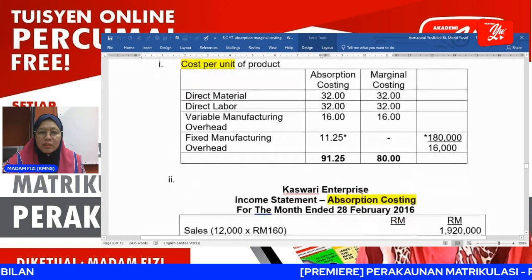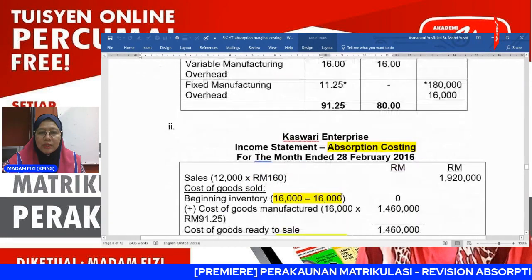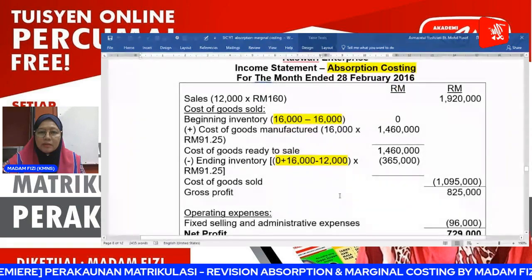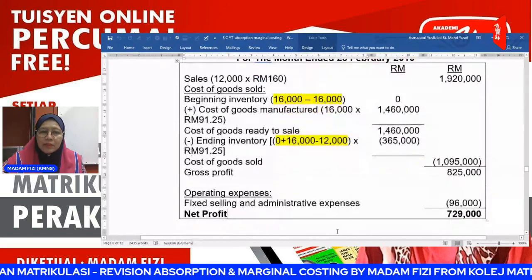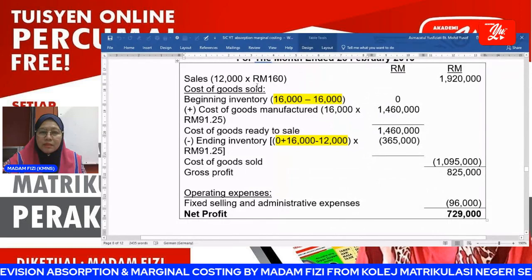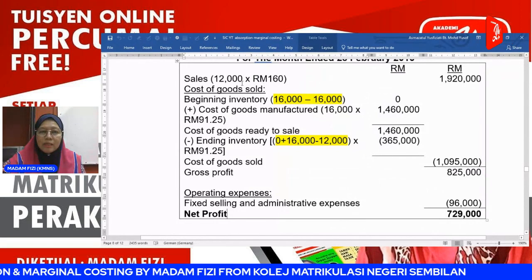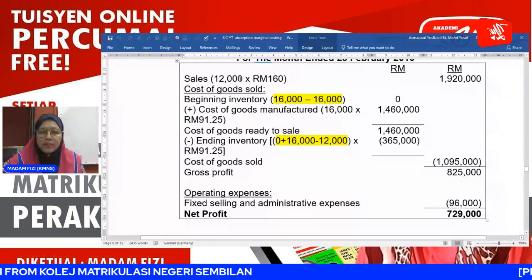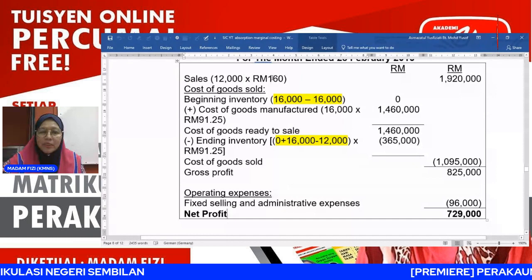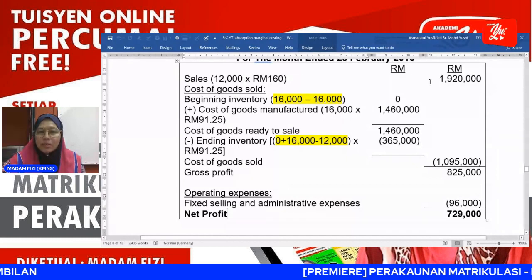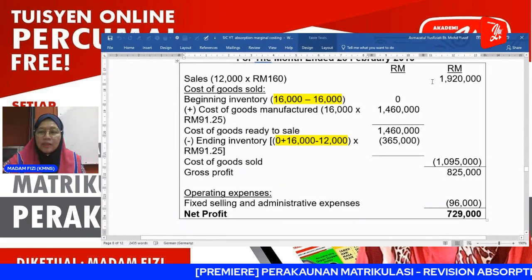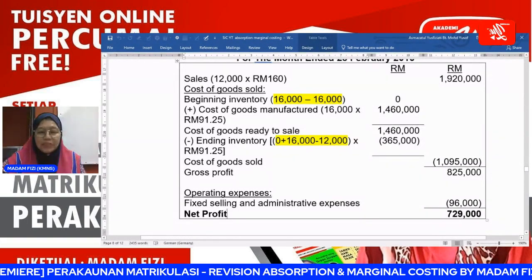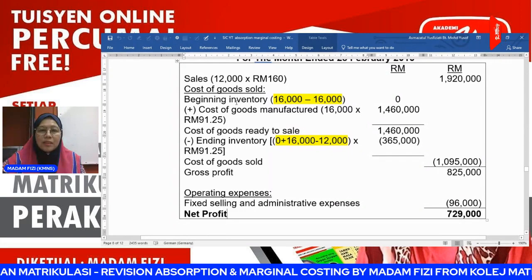Okay, for 2 Roman, that is for the income statement. Okay, for absorption costing, sales, okay, you calculate the unit sales 12,000 multiply with the sales price per unit is 160. So you get sales 1,920,000 minus cost of goods sold, beginning inventory, okay, kosong.